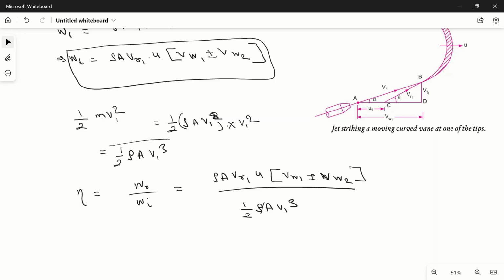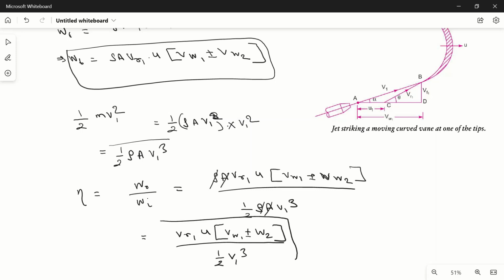So this rho will cancel this rho, a will cancel a, so this will become VR1 into U in bracket VW1 plus or minus VW2 divided by half V1 cube. So this is the efficiency of this jet.